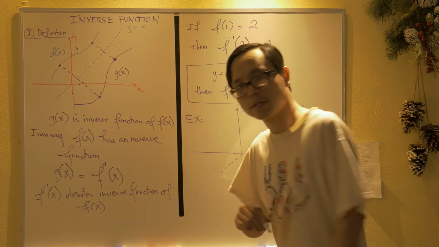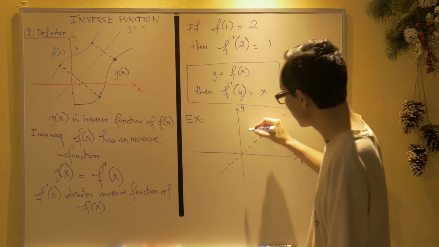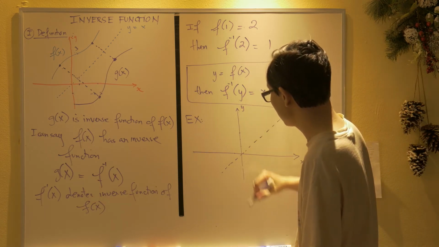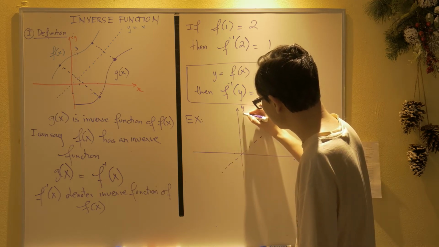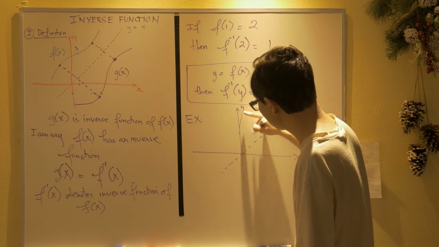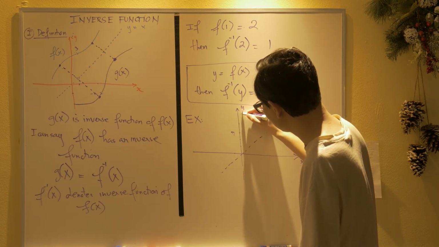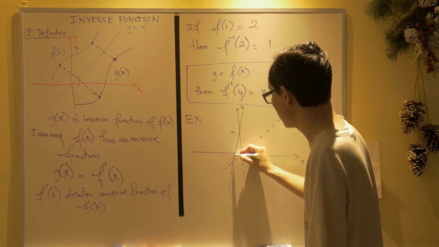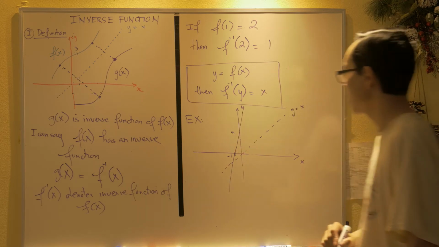The slope is 3, and the y-intercept is also 3. So we have the first line. We have the line that looks like this. So this is 3 here. There you go. So this is -1. Okay. So I have the line like that.